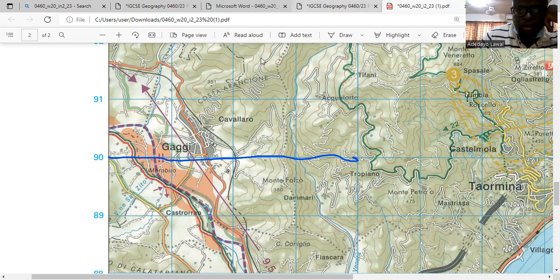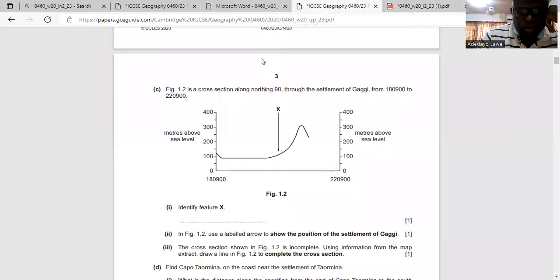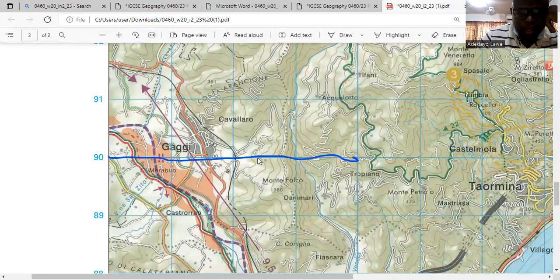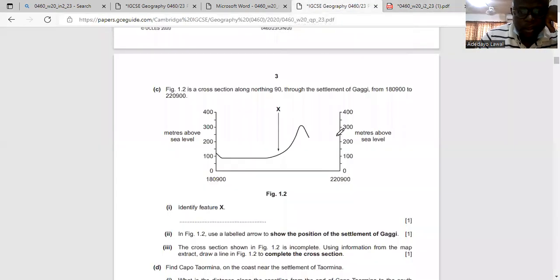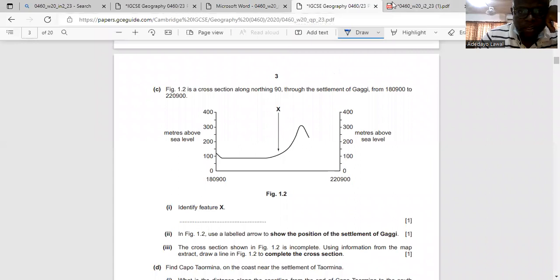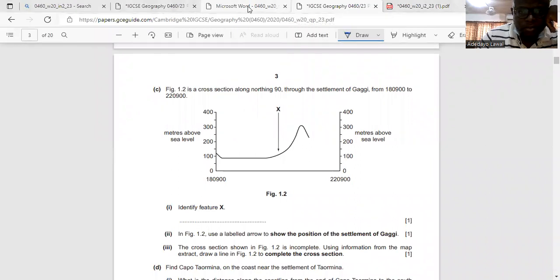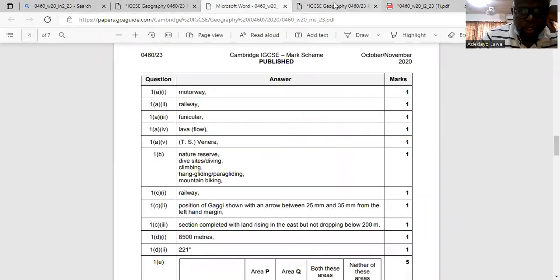So what is the question again? The question says identify feature X. So looking around here, what could it be? Or could it be this line? So let me check. To make it fast, a railway.